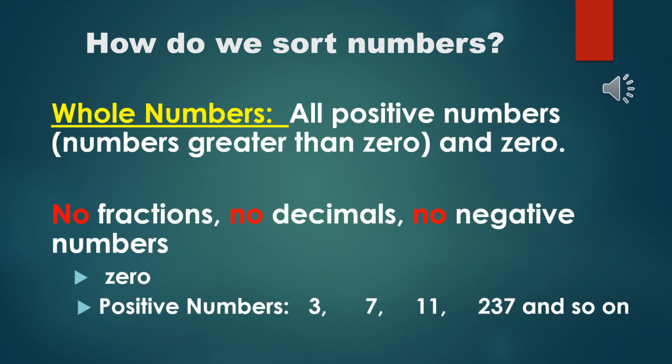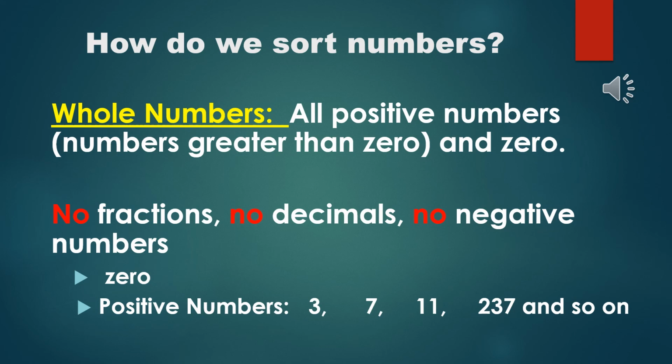Another kind of real number is called a whole number. Look at that word whole, W-H-O-L-E. Whole numbers include all of the positive numbers, those numbers greater than 0, and 0. 0 is also a whole number, but no fractions, no decimals, and no negative numbers.